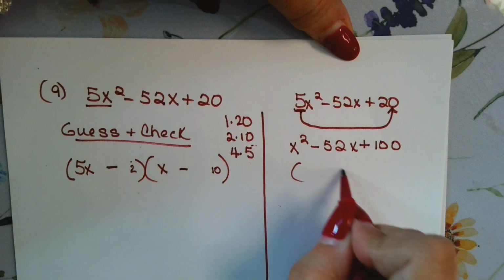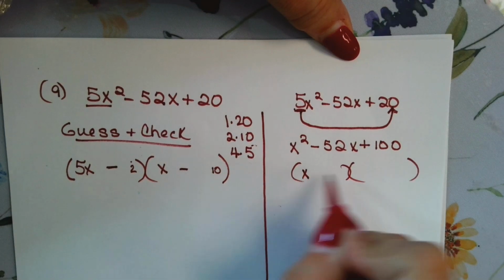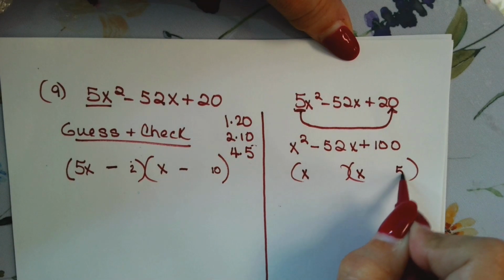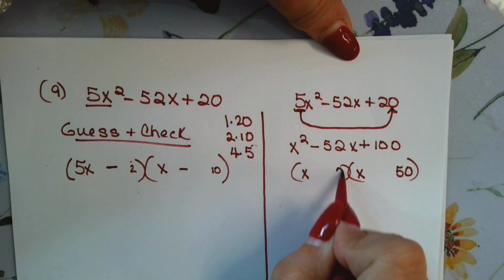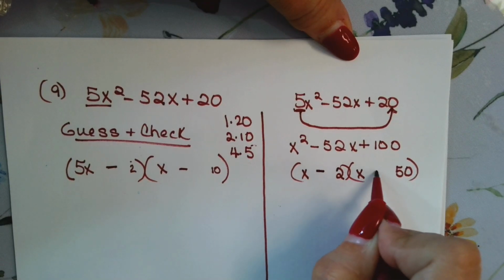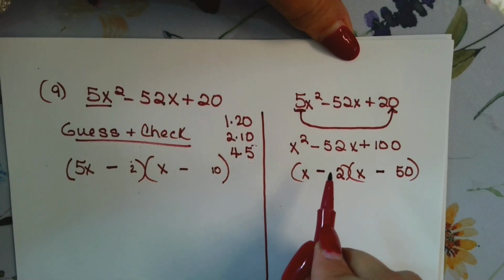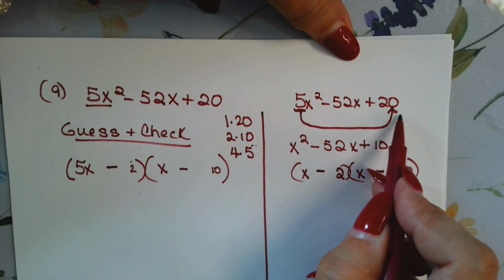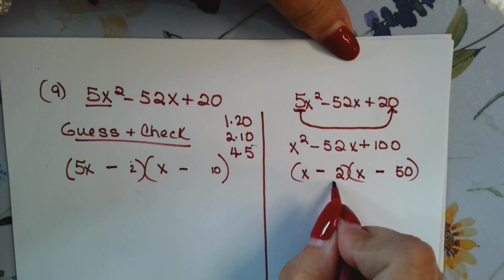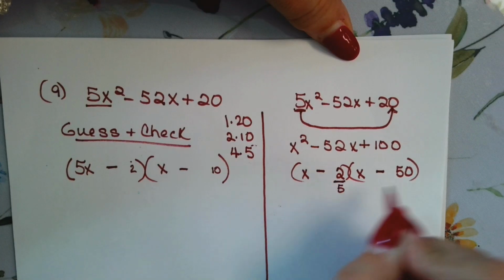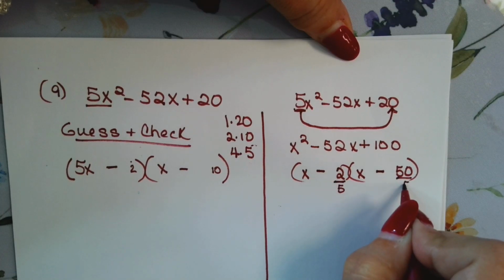You're going to factor this, which is easy to factor, x and x, 50 and 2, and they're both minus. But you are not done. Since you multiplied by 5, now you're going to have to divide here by 5, each one of these.